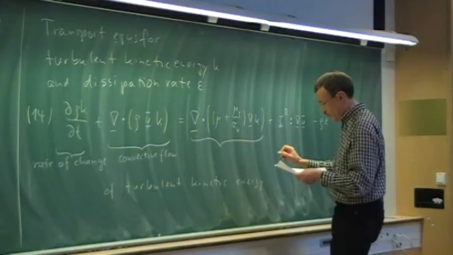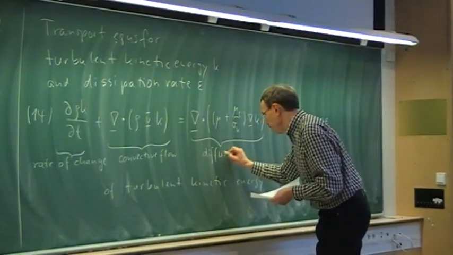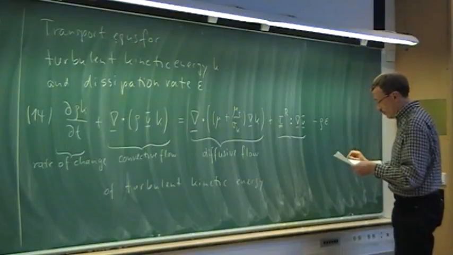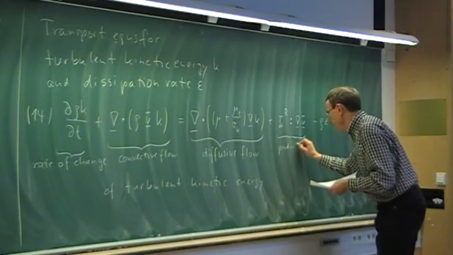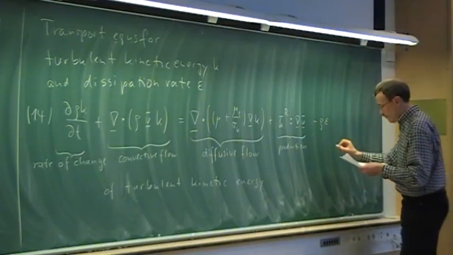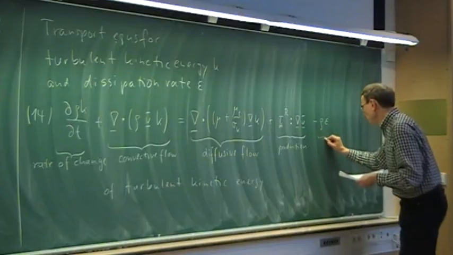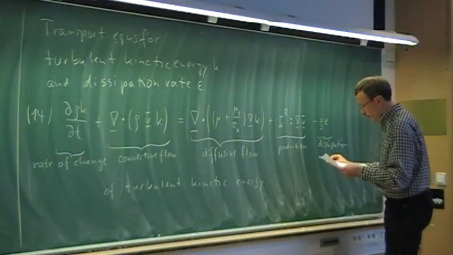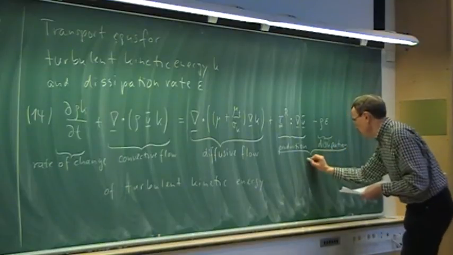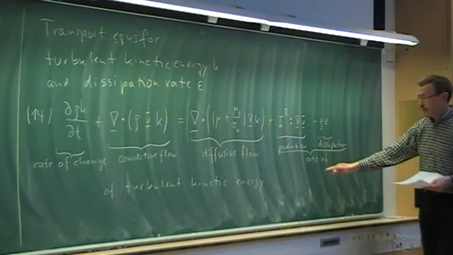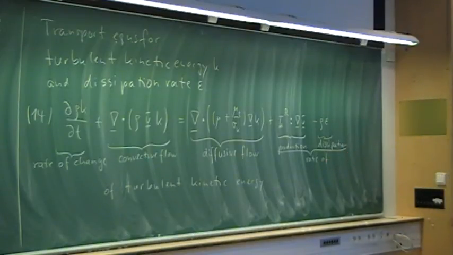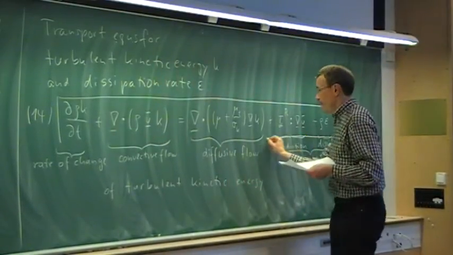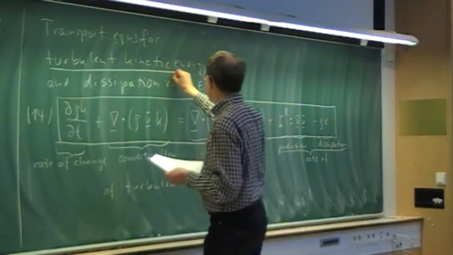This will be the diffusive flow of turbulent kinetic energy, and this is then the production, and this is the dissipation. And that is all the production rate of turbulent kinetic energy and the dissipation rate of turbulent kinetic energy. So that is the K equation, the equation for the turbulent kinetic energy. So that is this one that we consider here.